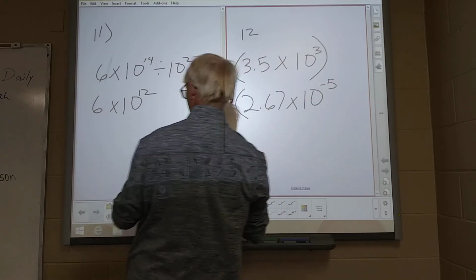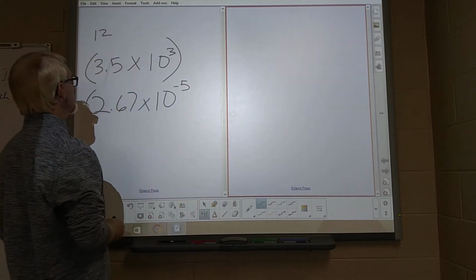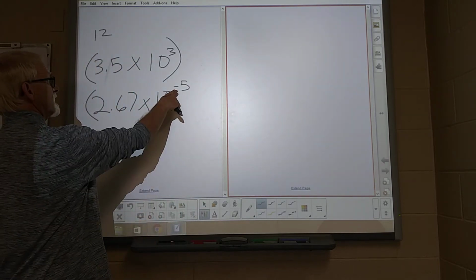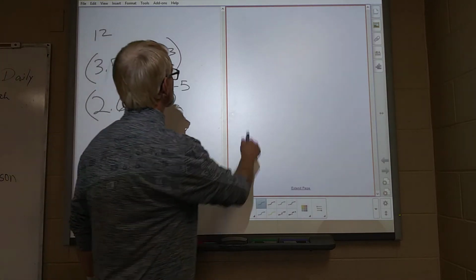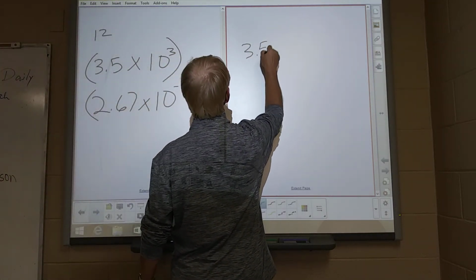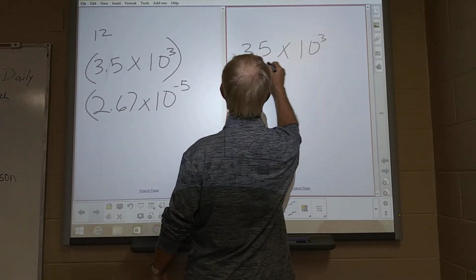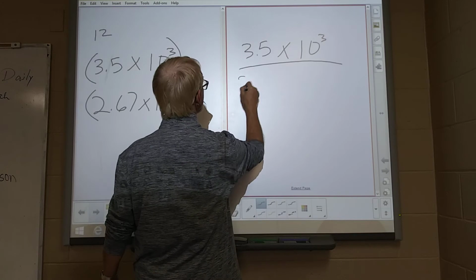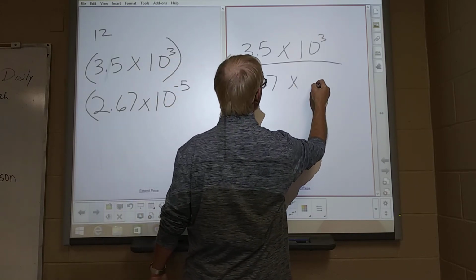So what we have here is you're going to have one on top of the other. This is a negative, which means it's less than 1, so we put it on the bottom. So it's going to be 3.5 times 10 to the third over 2.67 times 10 to the 5th.